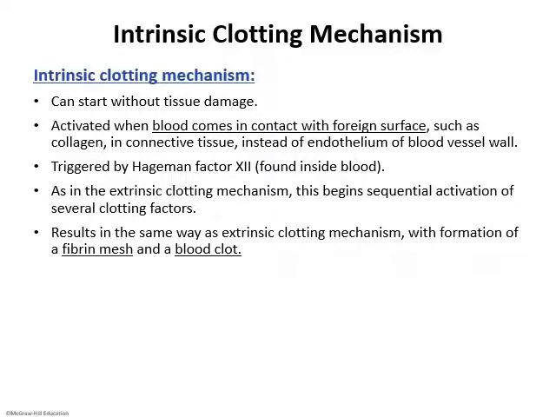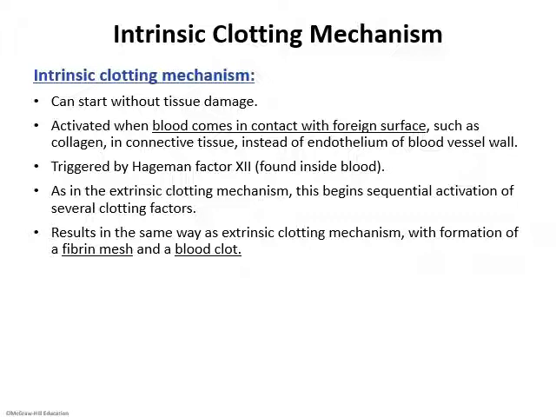Intrinsic clotting mechanism. So this can start without tissue damage. It's typically due to contact with a foreign surface inside of the blood vessels. So an atherosclerotic plaque, some type of excess cholesterol buildup. It could be an embolism, a clot that broke off from somewhere else. But the key point is it starts inside of the blood vessel.